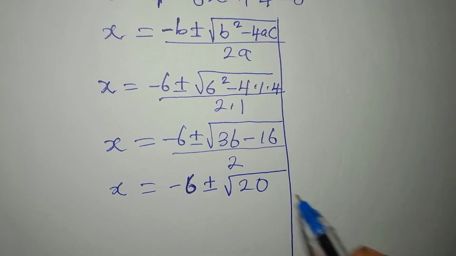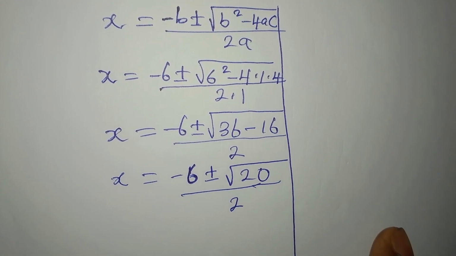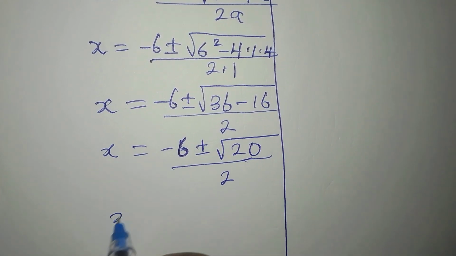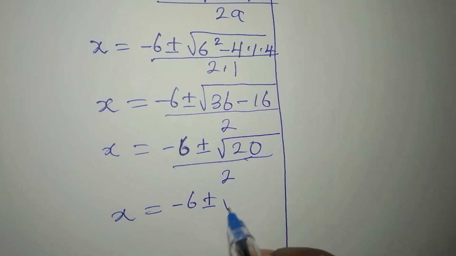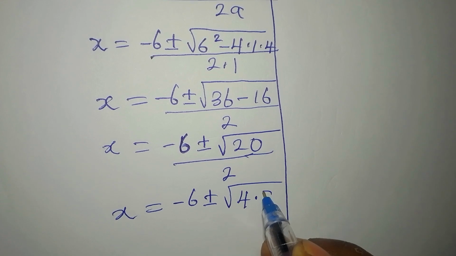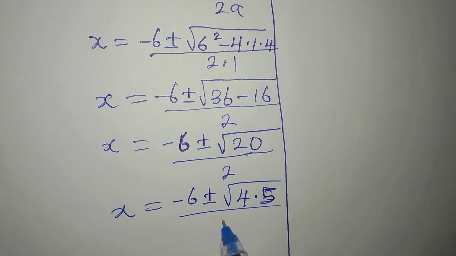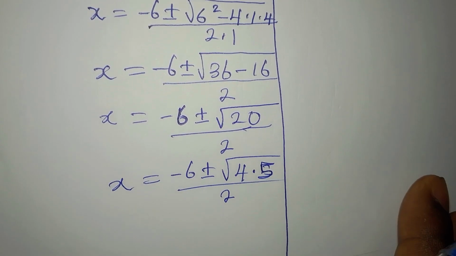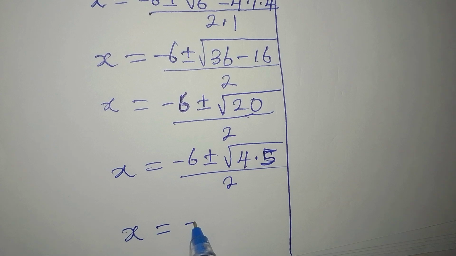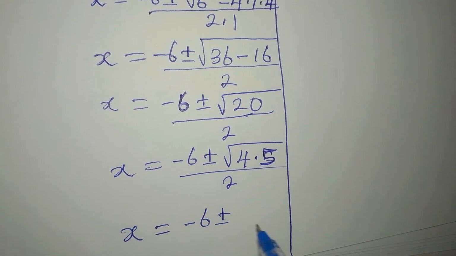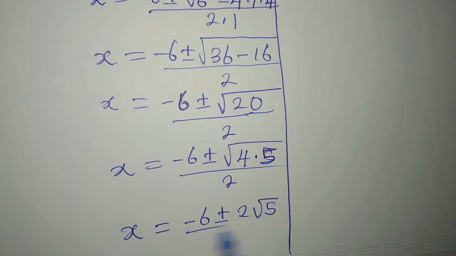Then we divide by 2. We can reduce root 20. So x will be minus 6 plus or minus square root of 4 times 5, that is 20, then we divide by 2. And then from here, our x is minus 6 plus or minus 2 root 5, because square root of 4 is 2, then we divide this by 2.